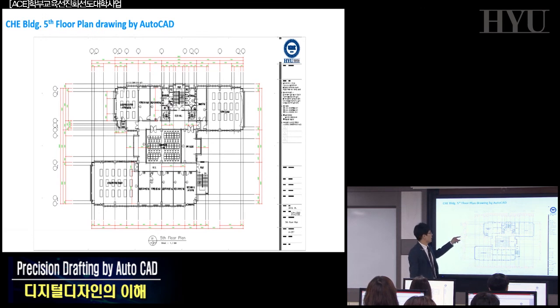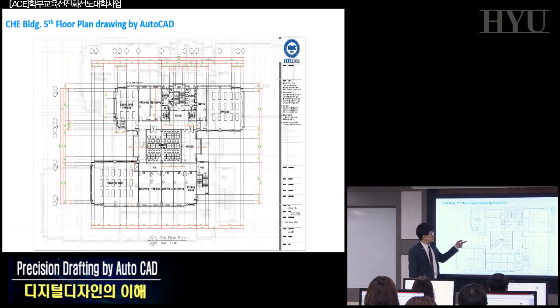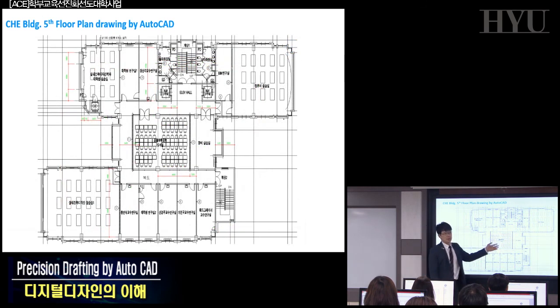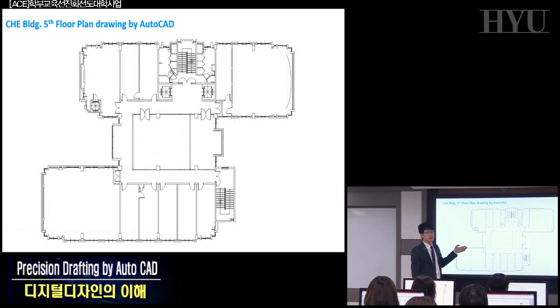You can zoom in and take a look at numbers, dimension, okay? But you don't need to put everything. What you need to do is determine your own LOD, level of detail, okay? You don't need to put every subcomponent's detail.